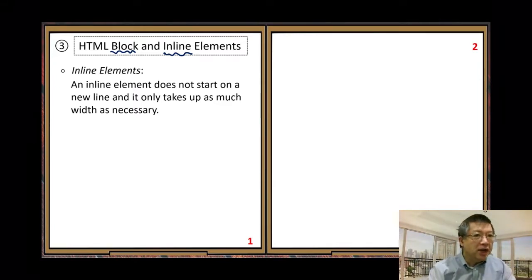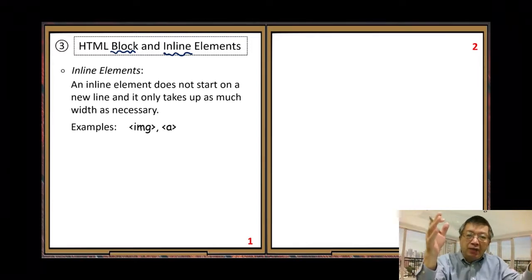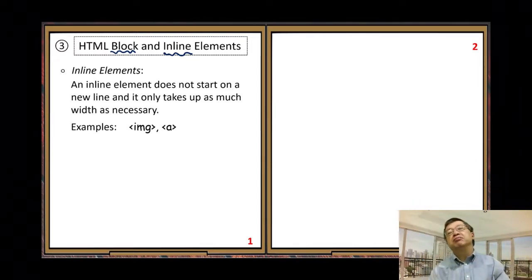That's the inline meaning. Two examples, image and hyperlink. Here we can understand it's pretty natural to use these two elements as inline elements.